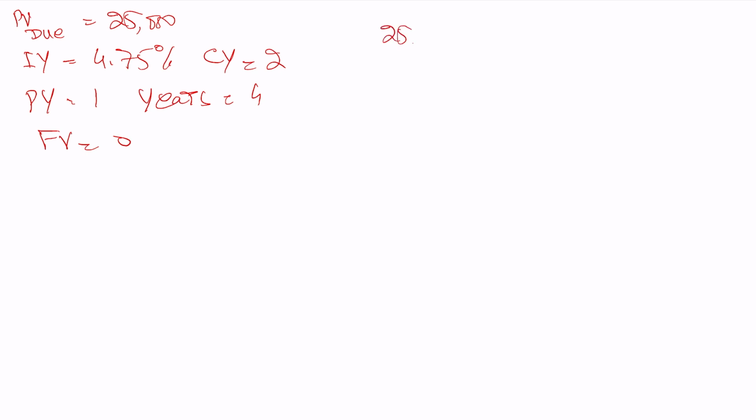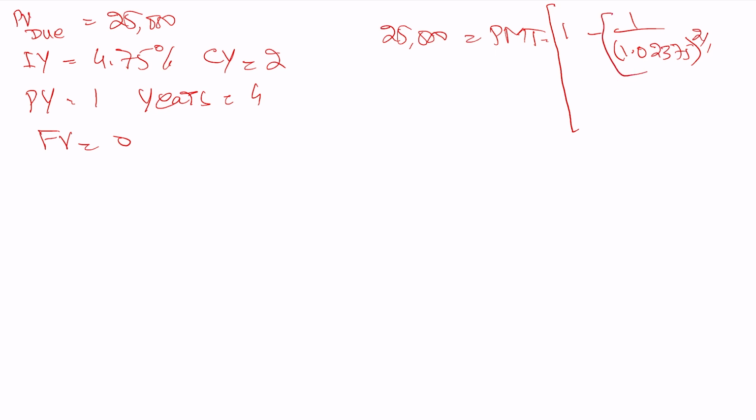This is 25,000 and PMT is equal to 1 minus 1 over 1.02375 exponent 2 by 1, whole term to the power 4, divided by 1 plus 0.02375 exponent 2 by 1 minus 1, or you can write it like this.